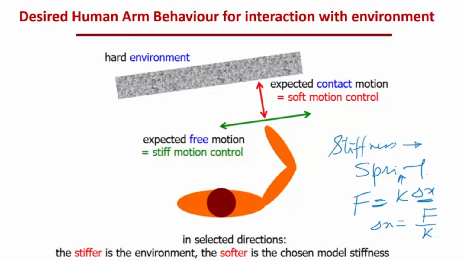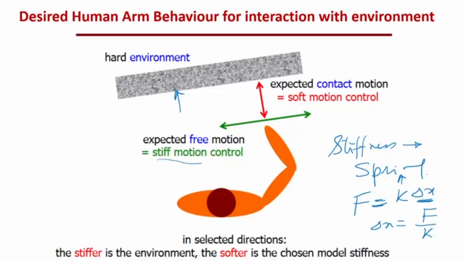So by changing this K in different directions, we can make the robot behave with high stiffness or low stiffness. Why is this required? For example, if you're moving in this direction and you're expecting contact to be made, then you must have very soft motion control. Whereas if you are having free motion, then you can have very stiff motion control.